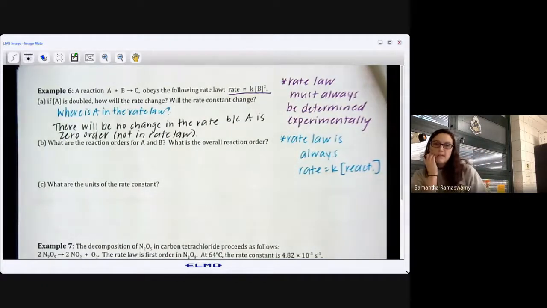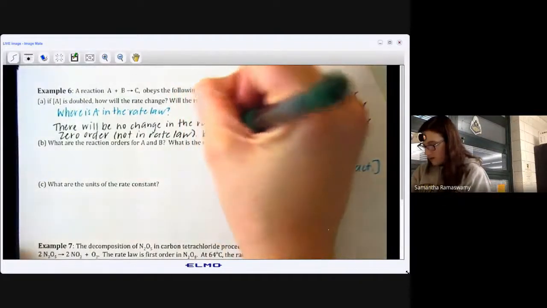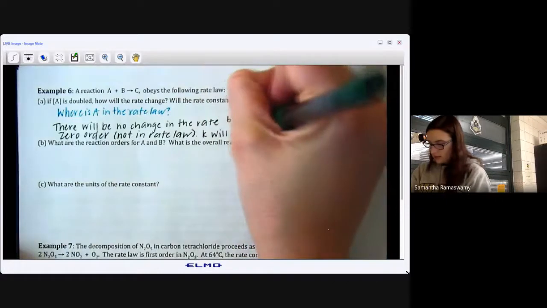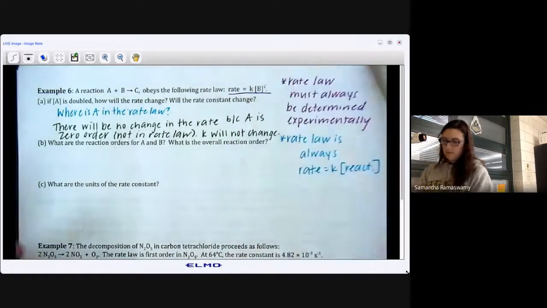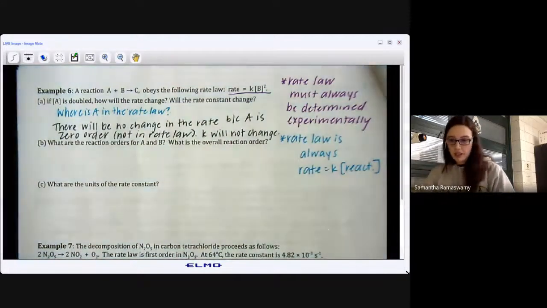Now the second part says, will the rate constant change? So I'm going to say K will not change. K never changes if you're changing concentration.